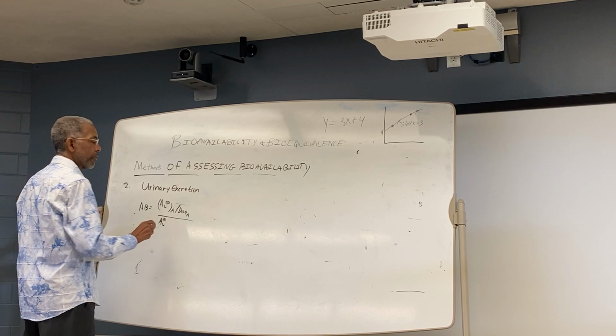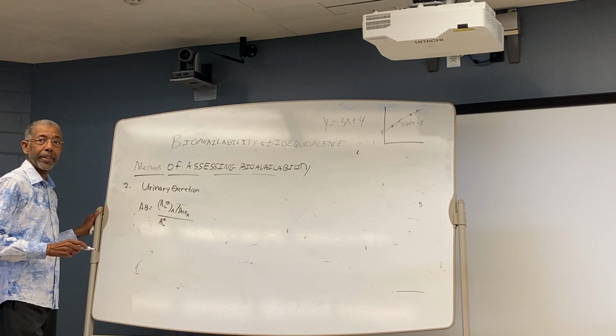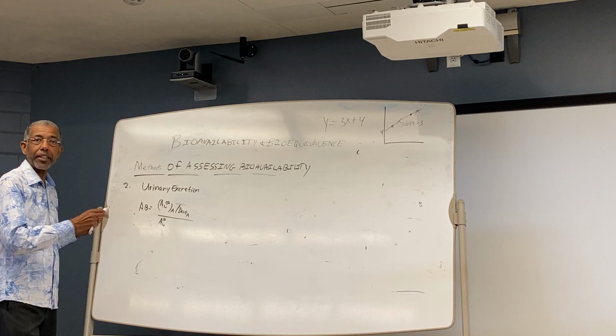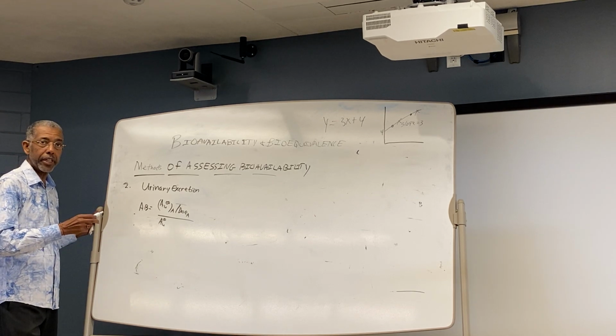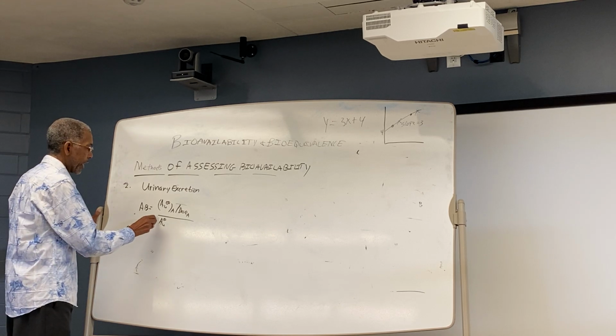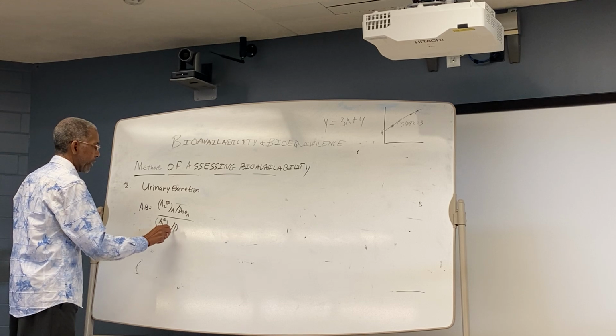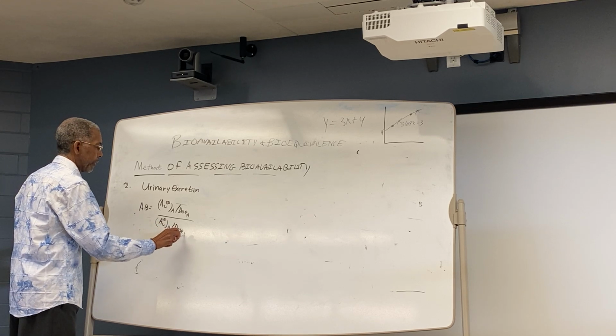Now, don't get AU infinity and area under the curve mixed up. The area under the curve had to do with plasma data. This AU infinity is the cumulative amount of drug excreted in the urine. So AU infinity for the reference standard divided by the dose of the reference standard.